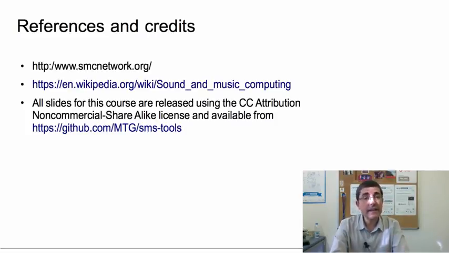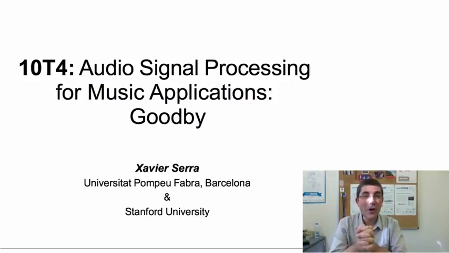The Wikipedia entry for sound and music computing still is not that comprehensive, but it's a good starting point to get an idea of the general field of sound and music computing, and then look for some specific references. Okay, and that's all.